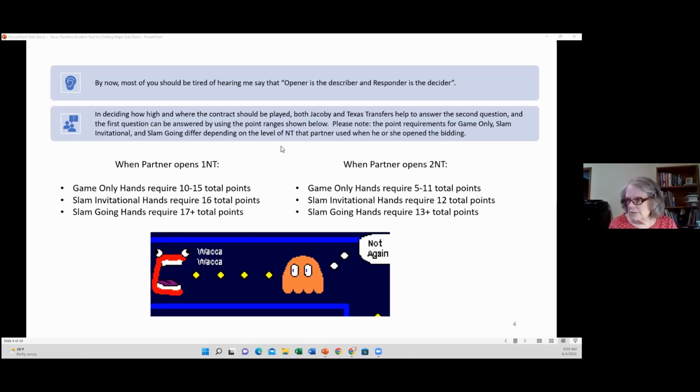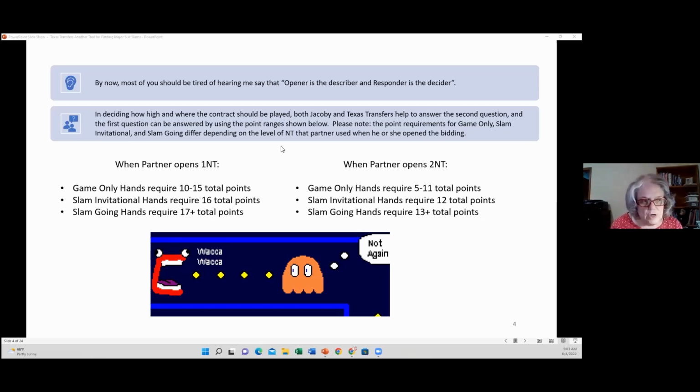And I put a slide on here that's wah, wah, wah, same old, all the time. You've got to be tired of hearing me say opener is the describer and responder is the decider. So by using the Jacoby transfer or the Texas transfer, responder can very accurately give information to his partner.